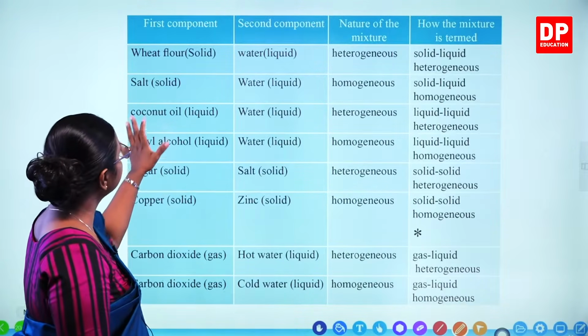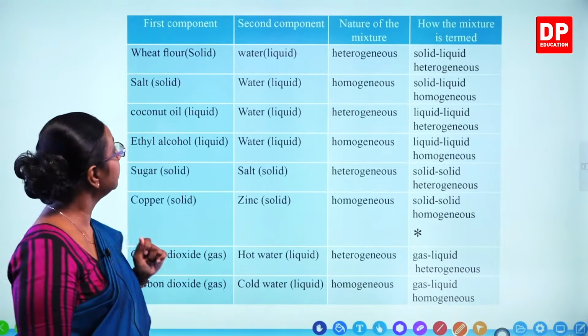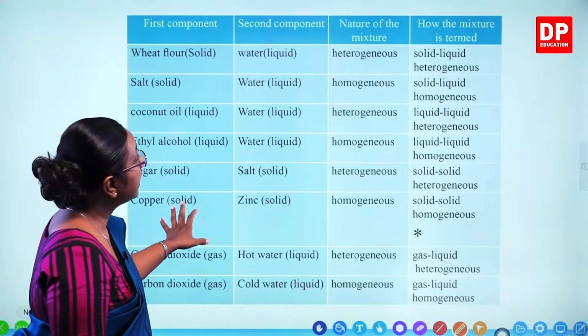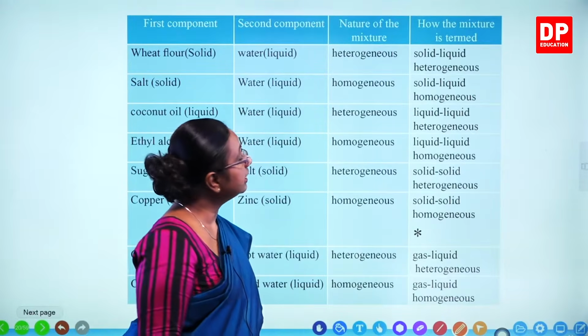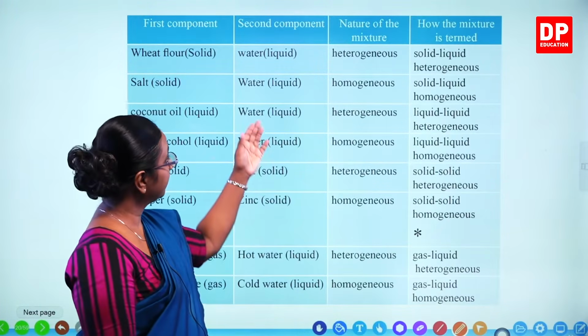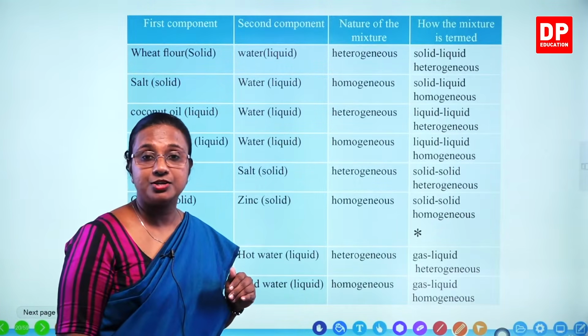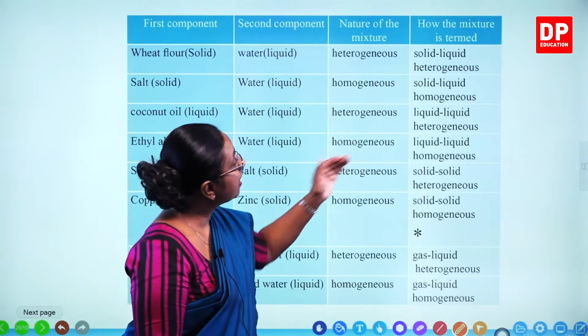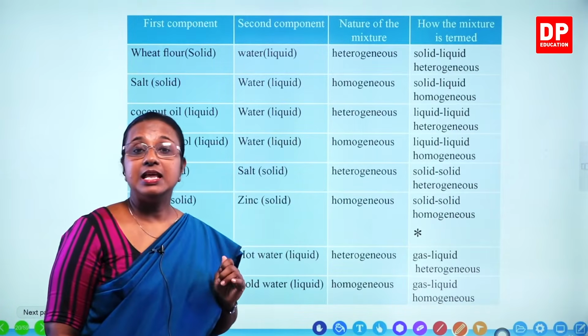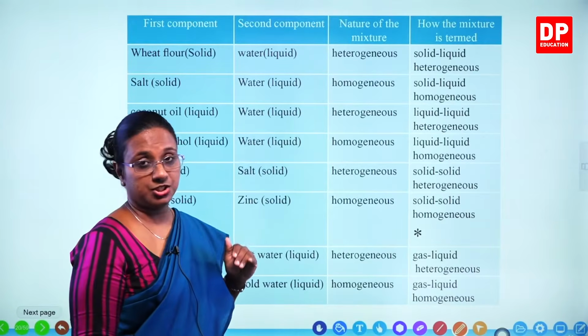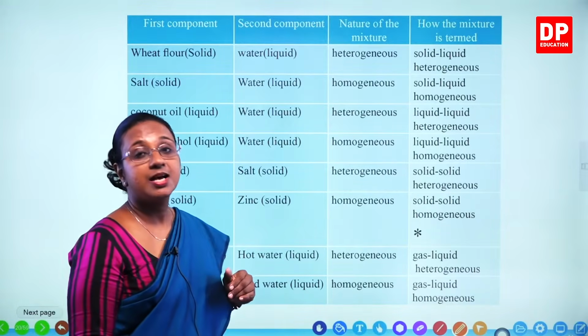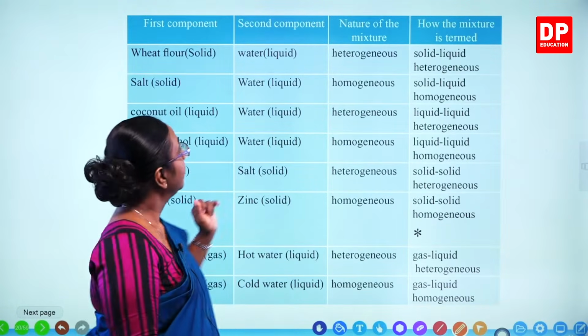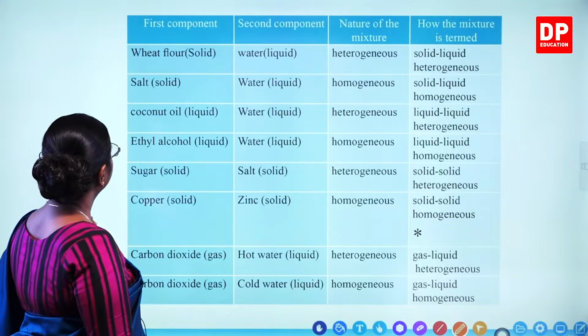And then they have given you the nature of the mixture, whether it's homogeneous or heterogeneous. And finally, how the mixture is termed. Let me take the first example.